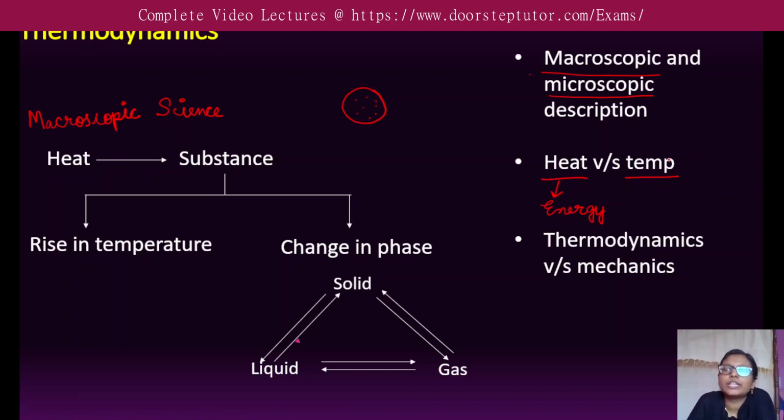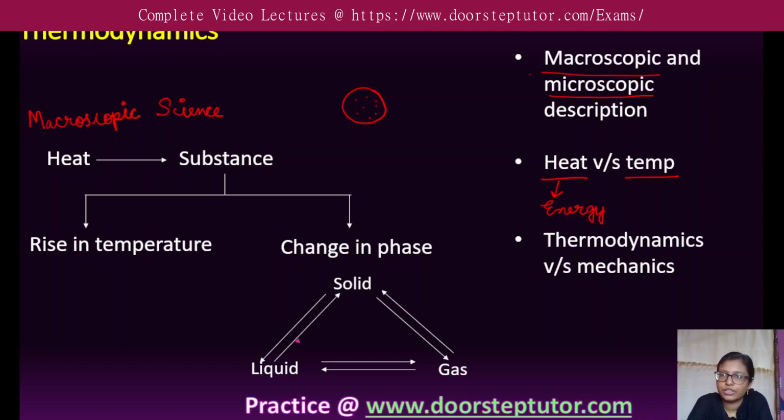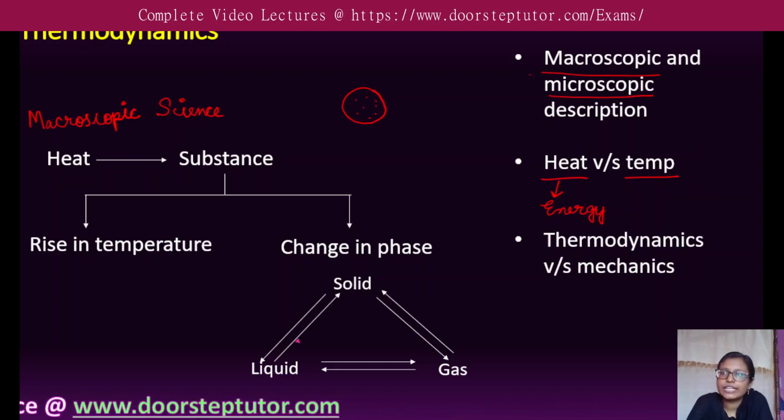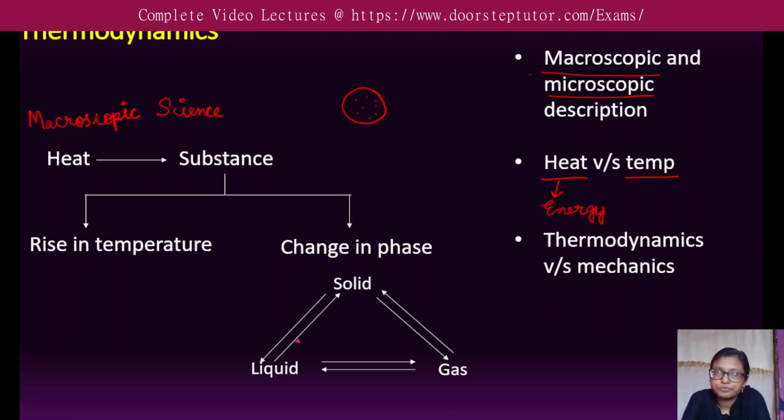Say for example, we have ice in a beaker and boiling water in another beaker. If we put our fingers and touch the ice, we can feel that it is cold. Similarly, if we put our fingers into the boiling water, we can feel that it is hot. We may even burn our fingers. And say we have lukewarm water in a beaker.